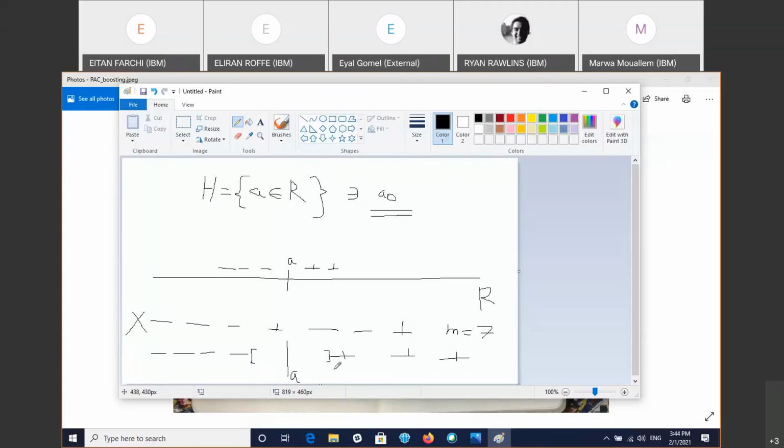Give me an algorithm. But Eitan, there are many options to choose A. Okay, so give me an algorithm. For example, I can take the average point between the closest plus and minus, but I'm not sure if it is good enough.